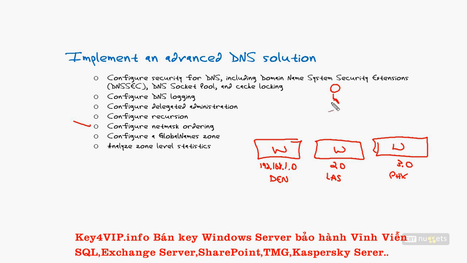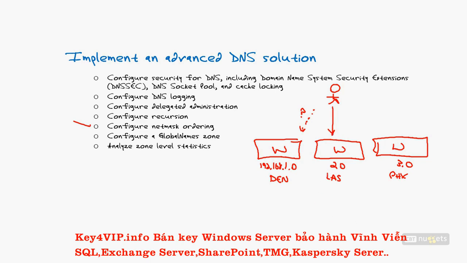But if I'm a user that happens to be in Las Vegas, do I really want round robin to send me to Denver 1 out of every 3 times? Probably not, because downloading my patches from Denver is going to take a much longer amount of time than downloading from Las Vegas.